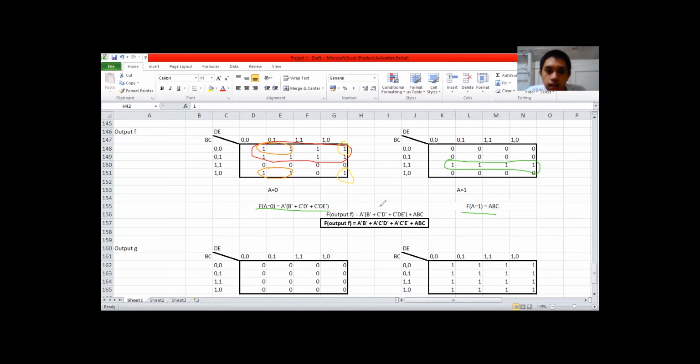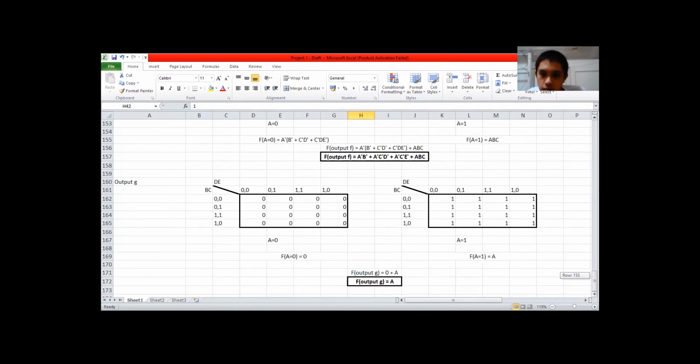So applying again the simplification theorem, the logic function for output F will become A prime B prime ORed with A prime C prime D prime, which is ORed again with A prime C prime E prime, ORed with A B C. So that is the logic function for the output F. And then moving on to the last output, which is output G. So this is the K-map for the output G.